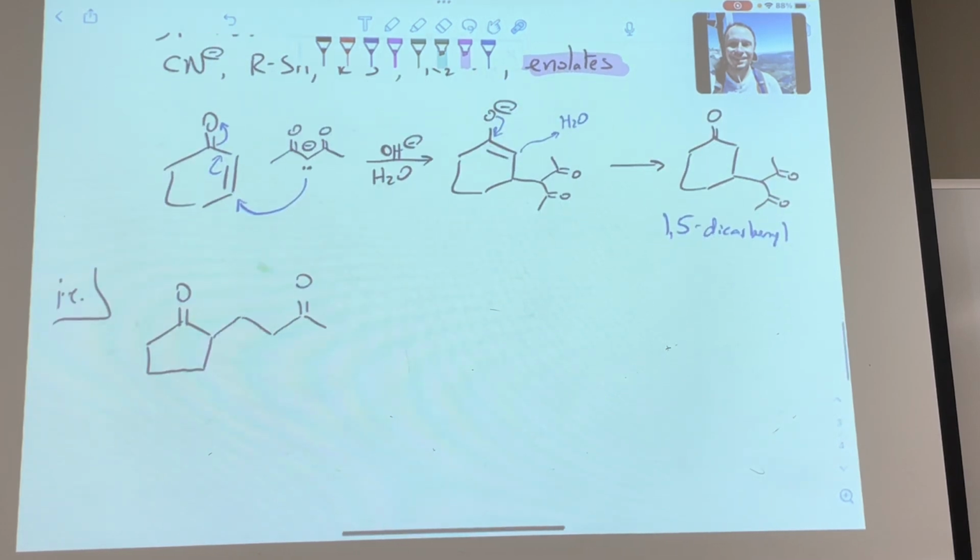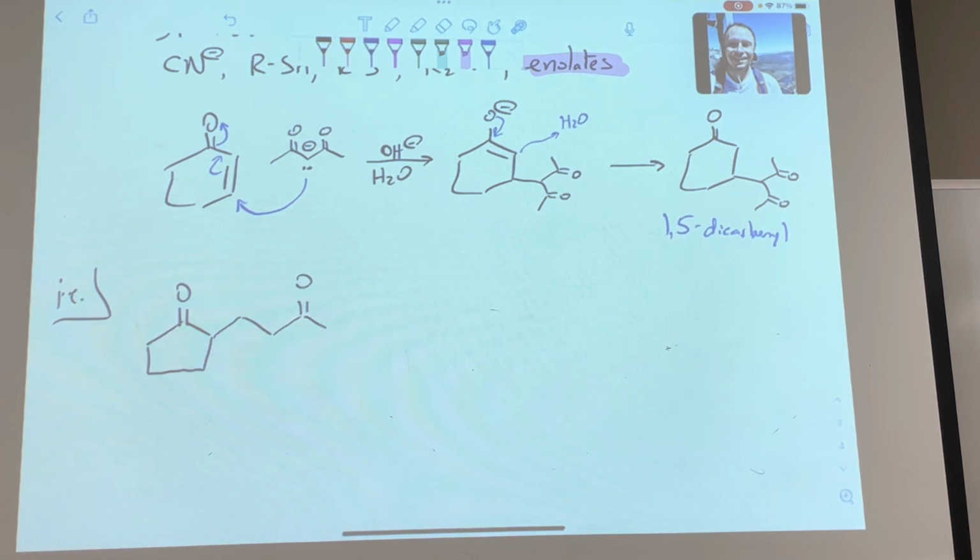Looking at this one is a little bit more challenging, because I don't see a 1,3-dicarbonyl in this. I don't see that beta-dicarbonyl that I saw in the previous example.